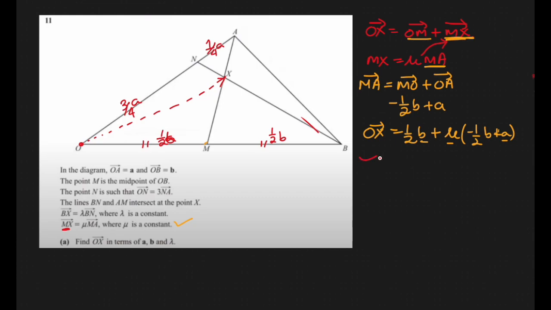So OX can also be written as, they want BN. Where is BN? This is BN. Okay, so I'll go from O to B and then BX.